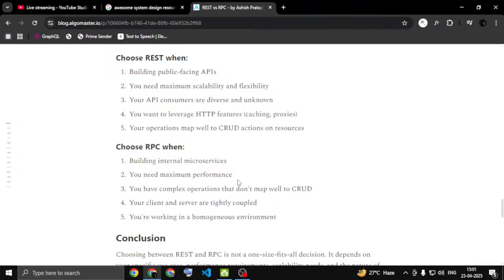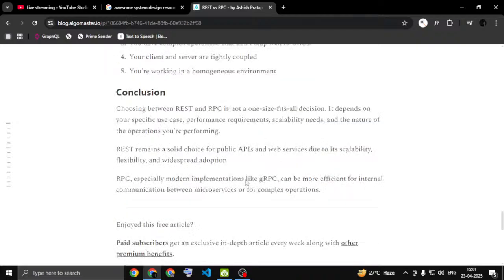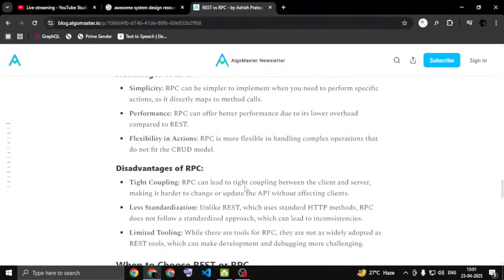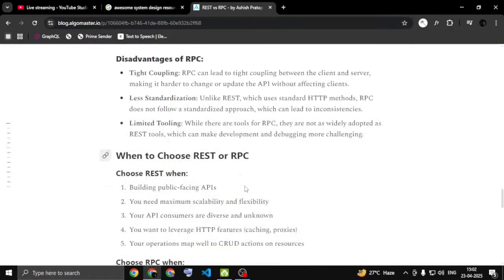Scalability, performance, client and server tightly coupled, you are in a homogeneous environment. So these are the basics. Both perform CRUD, but the difference is in the environment, the behavior, and latency as a concern. Every protocol is responsible for request and response, but the difference comes from the behavior of the users.